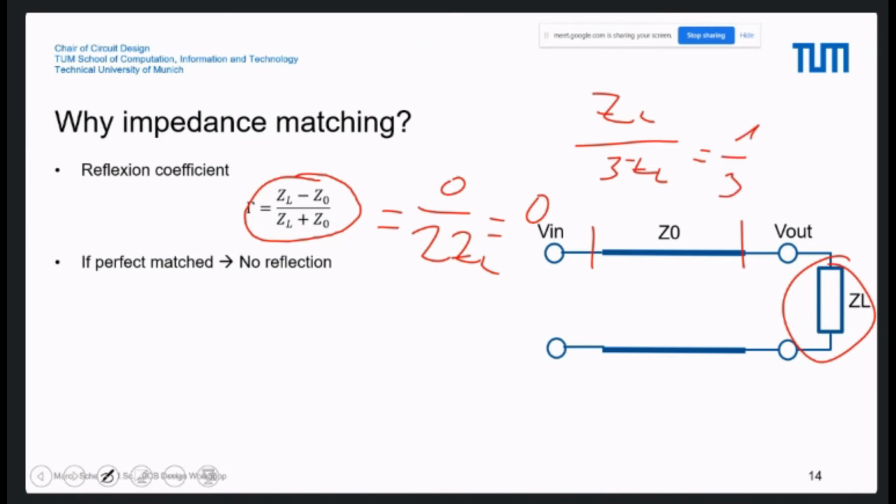That means 2/3 of the signal goes here and 1/3 goes back. So your sink here does not see the whole energy, only one part of the energy. And if you have a very sensitive source here, then the 1/3 signal can destroy your source.